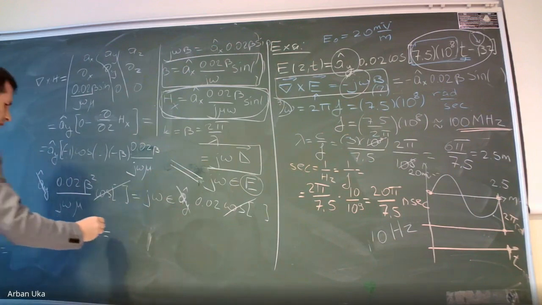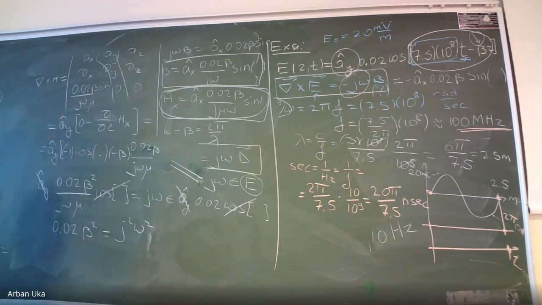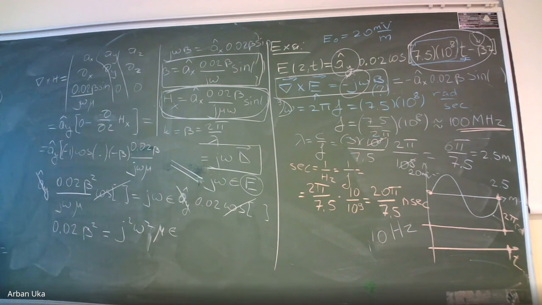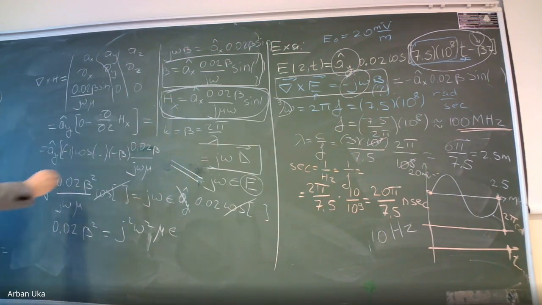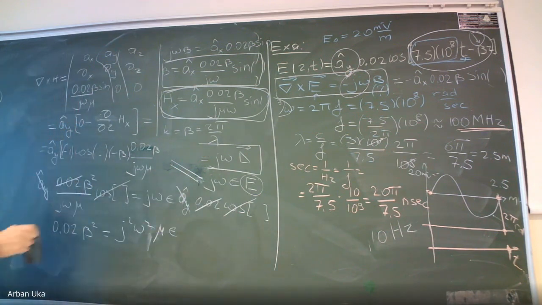Yeah, this j squared. We also have j omega squared. Okay, this will be yes. Now we have to figure out what is beta, and beta in this case is 0.02, right? Oh, 0.02 also cancel out. Okay, so we can simplify this a little more.